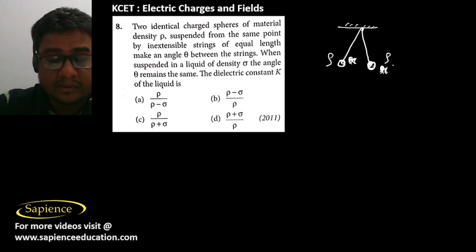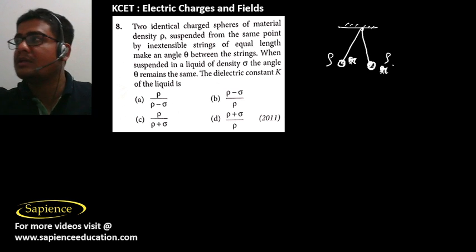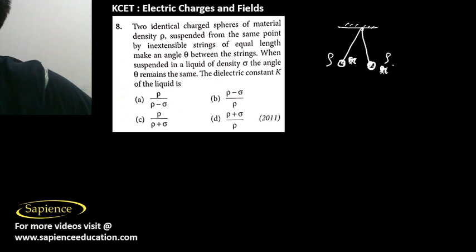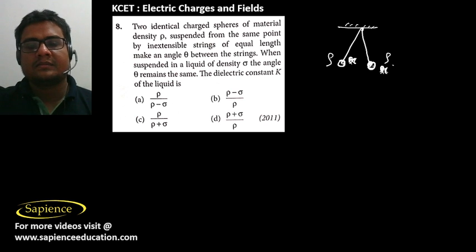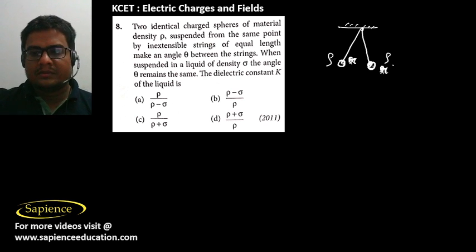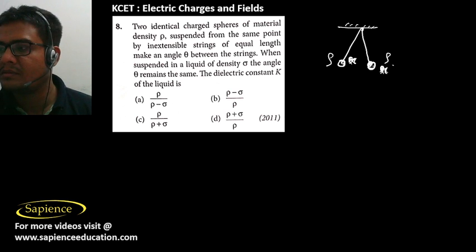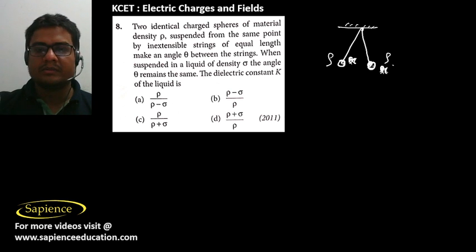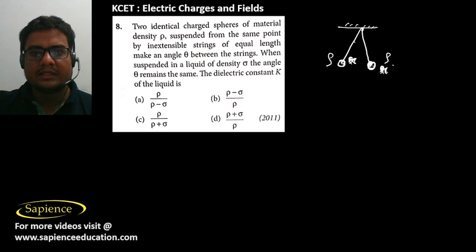Suspended from the same point by inextensible strings of equal length, they make an angle theta in between the strings. When suspended in a liquid of density sigma, the angle theta remains the same. The dielectric constant K of the liquid is?